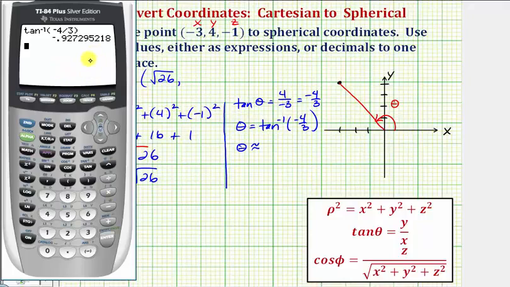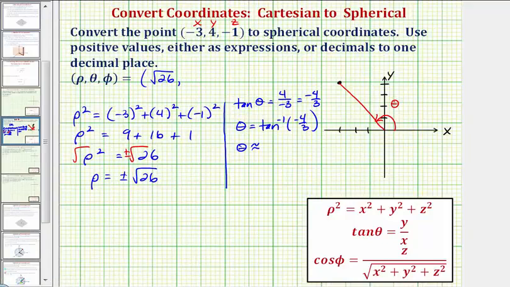So for our next step, let's go ahead and sketch this angle, which terminates in the fourth quadrant. And notice how this angle would be approximately -0.9273 radians. So the calculator gave us this angle here in the fourth quadrant, which was approximately -0.9273 radians.